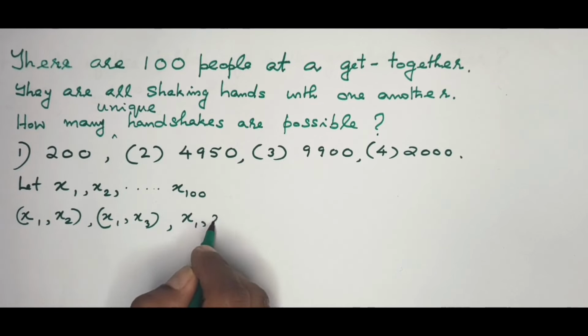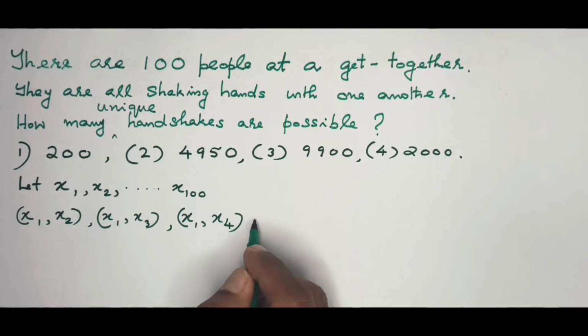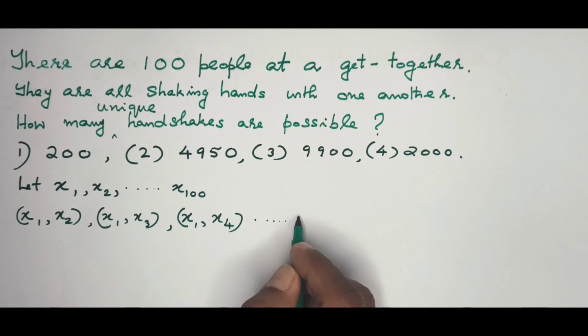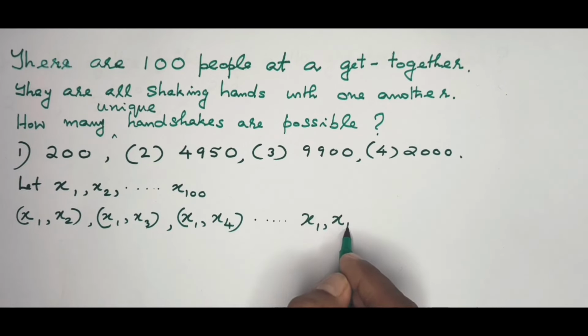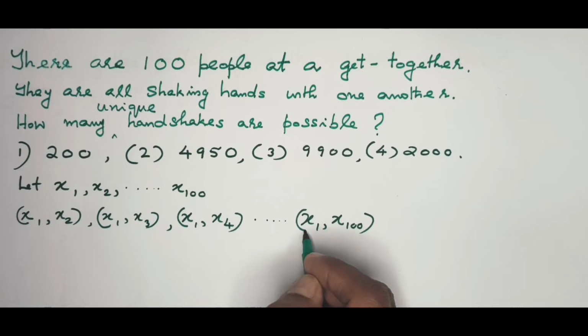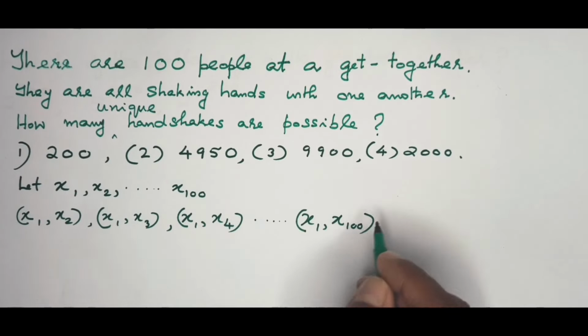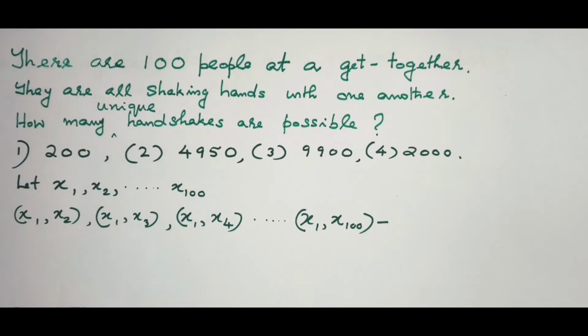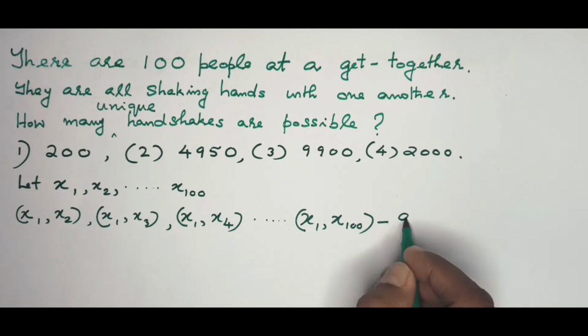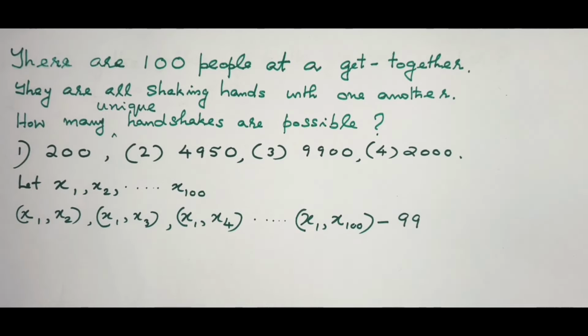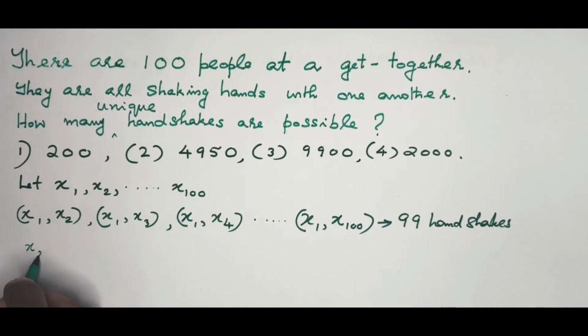Then x1, x4, this is the third handshake, and it will go on like that. Then x1, x100, this is the last person. And how many handshakes are possible now? Rather, how many handshakes are made by x1 alone? 99 handshakes are possible.